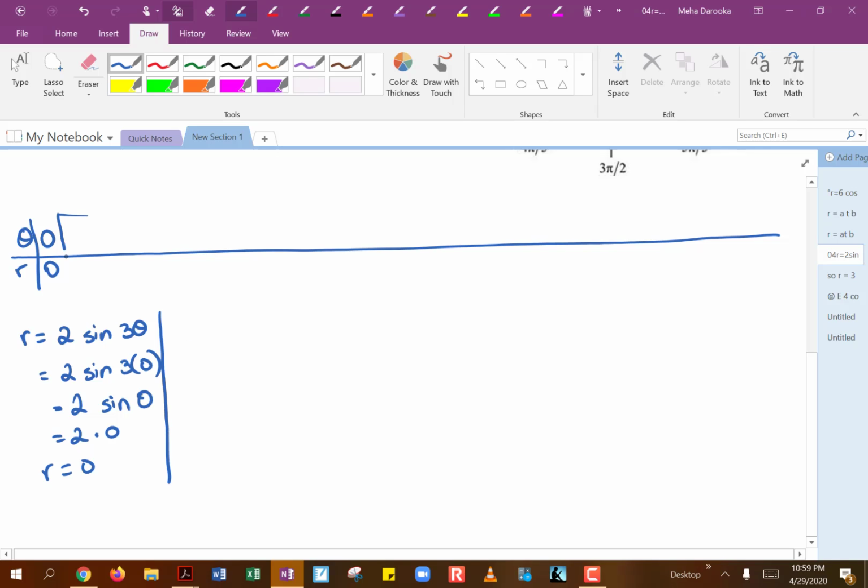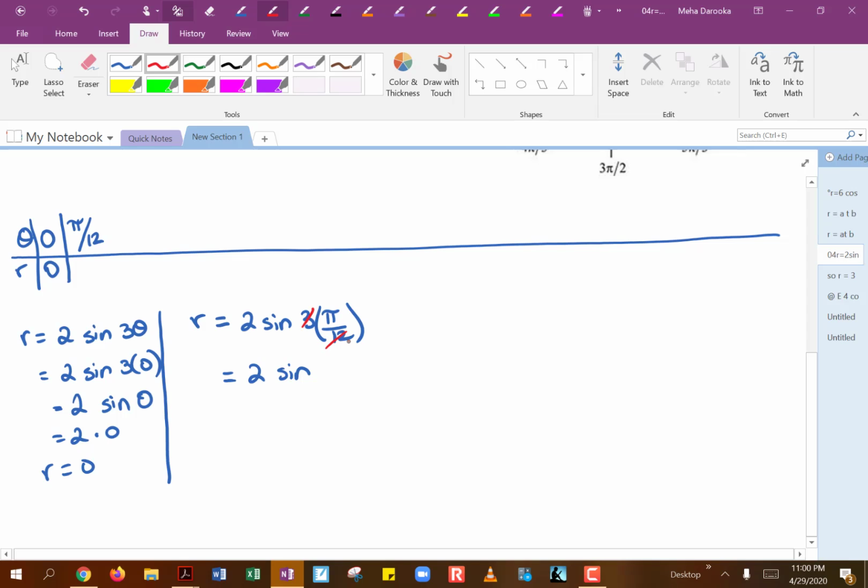Okay, if we did our next angle, we're actually going to break it down into a little bit smaller angles. So let's do pi over 12 so we can get a good continuous curve for our petals over here. So this is 2 times sine of 3 times pi over 12 as our theta value.